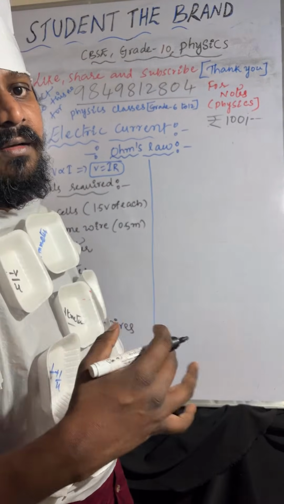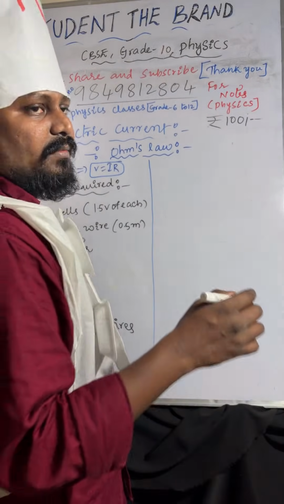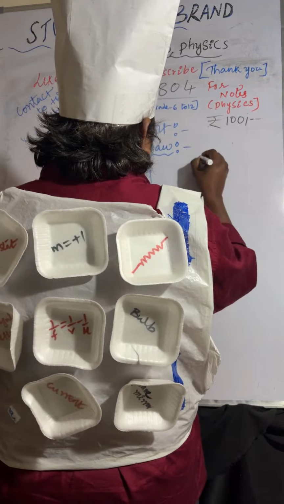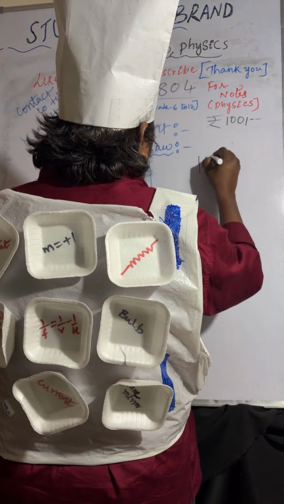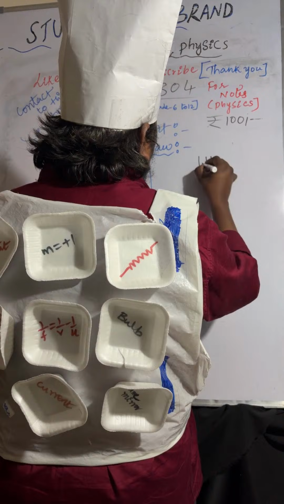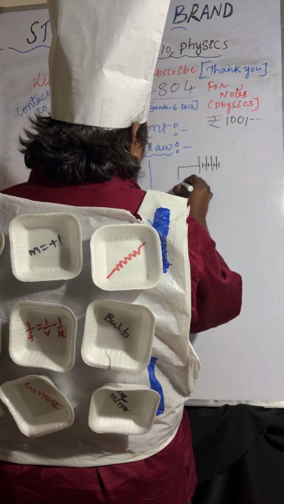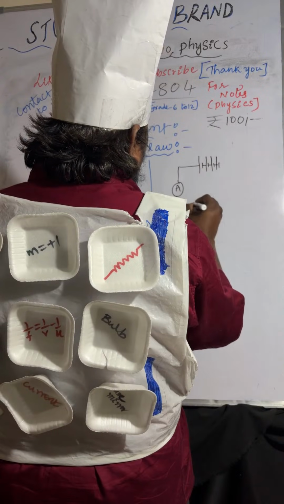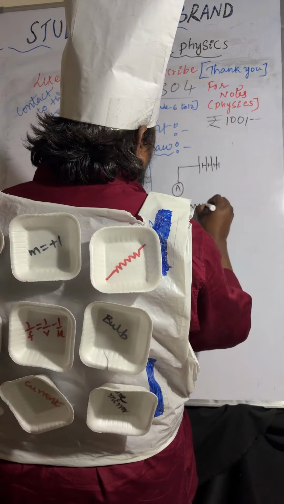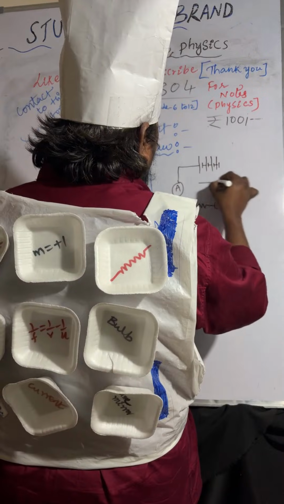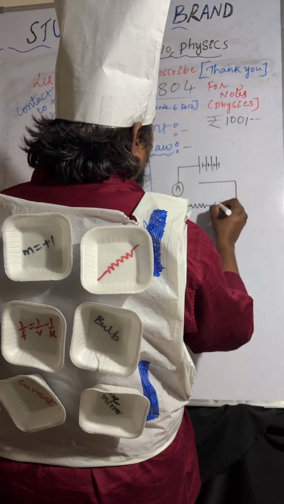Now the circuit diagram. Just check once: 4 cells, 1, 2, 3, 4. I'm taking the ammeter like this, and here is the resistor and switch.